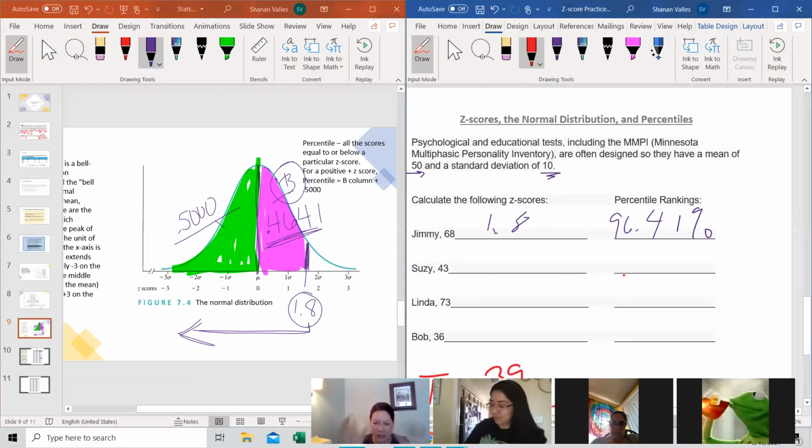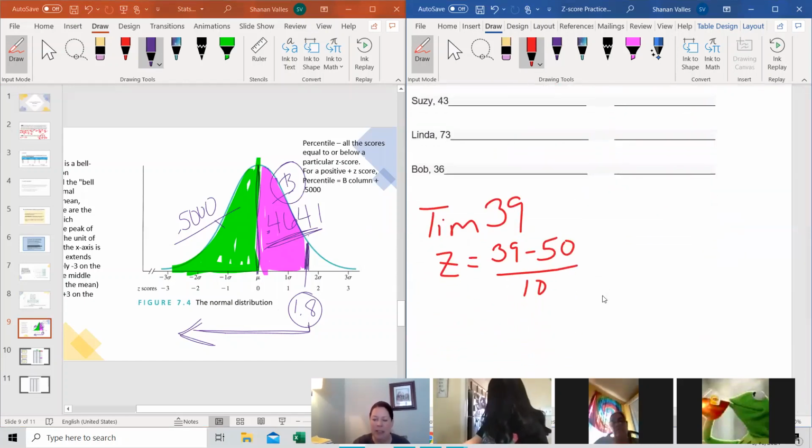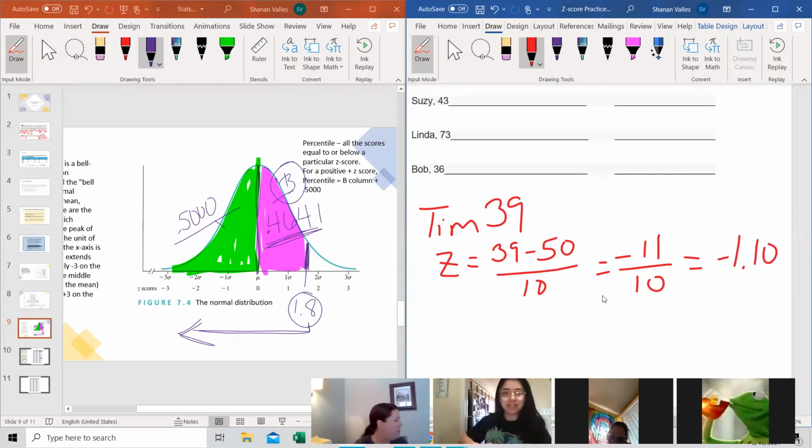Remember, we had 50 was the mean and 10 was the standard deviation. Okay, I apologize. 39 minus 50 is negative 11. Divided by 10. So we get negative 1.10.